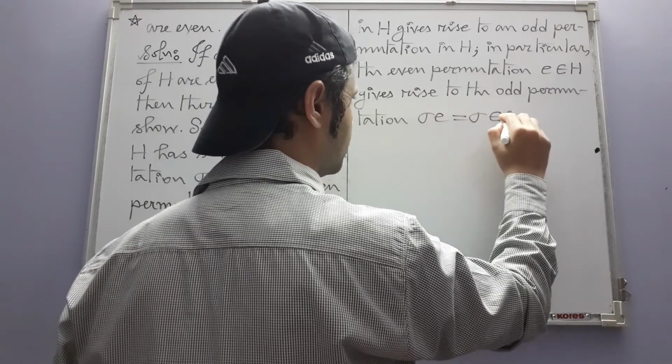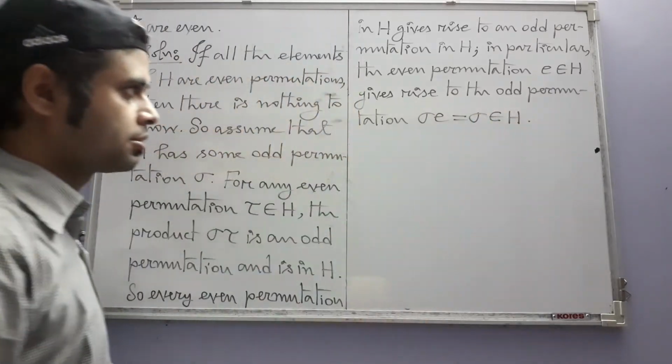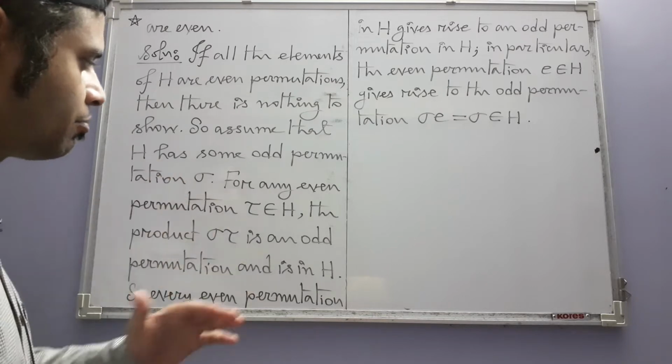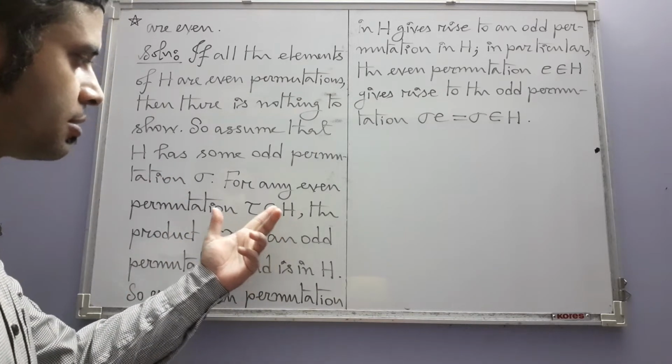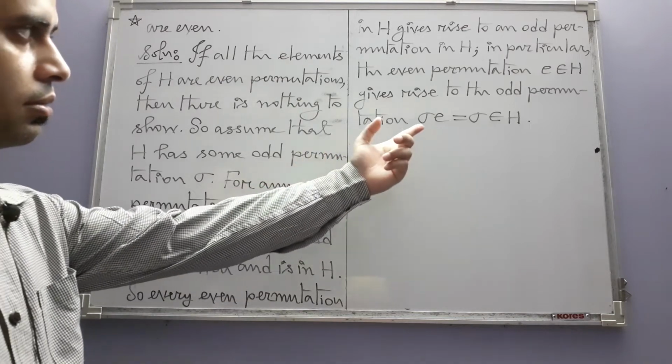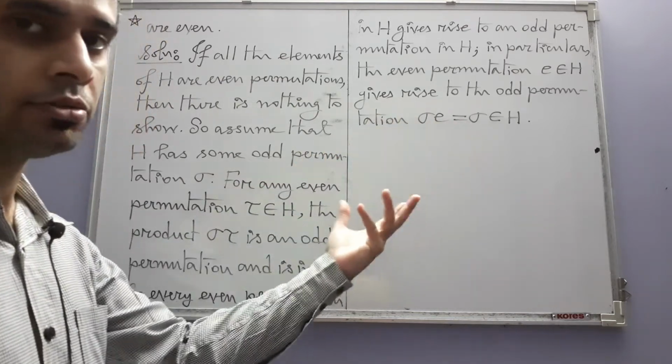So that means the odd permutations that we obtain from even permutations in H include sigma in them.